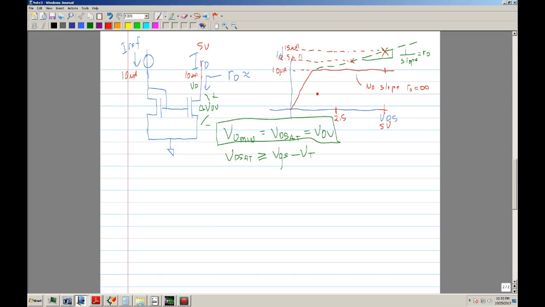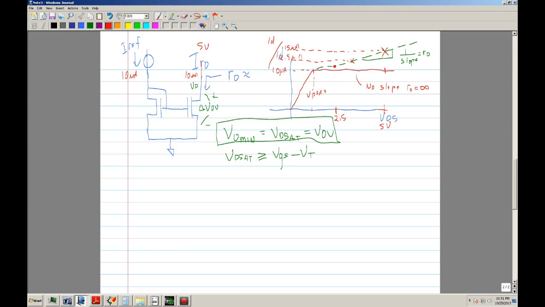Then you come over here and you're at VDSAT. That's close to VDSAT, and now you're at 10 microamps. So you notice that depending on where your drain voltage is, you might get a different ID. This is kind of bad because you really don't want this type of variation.